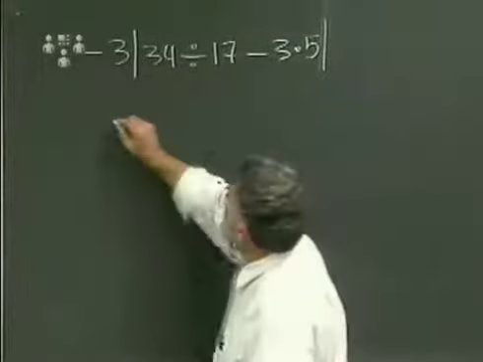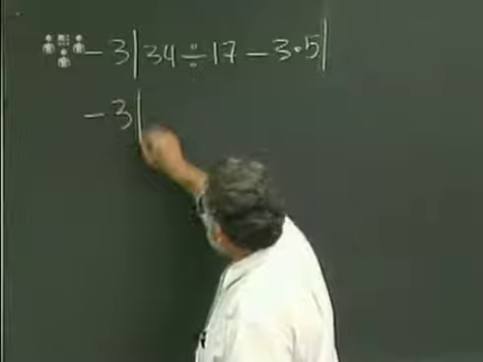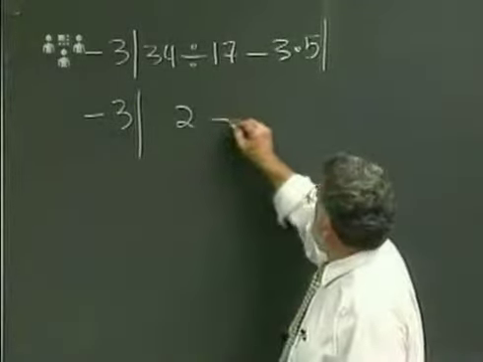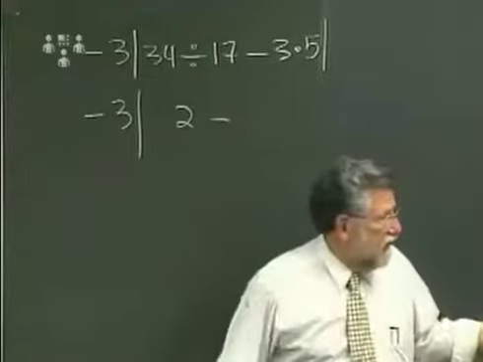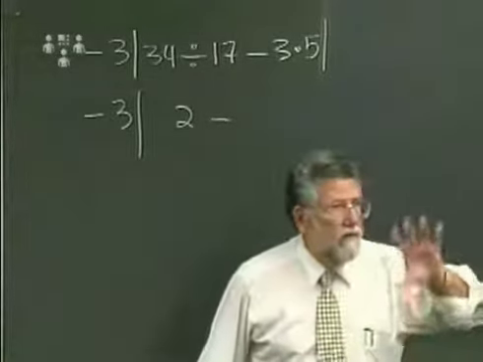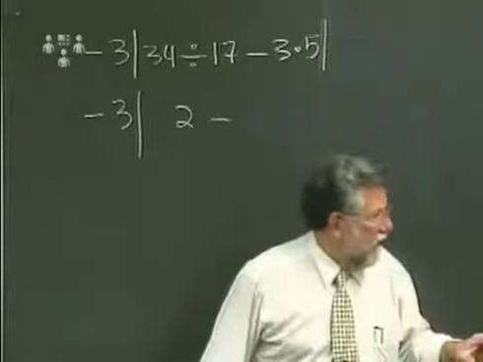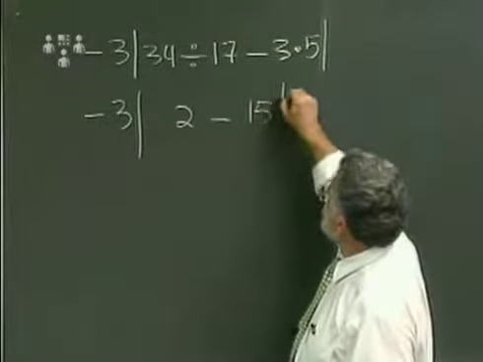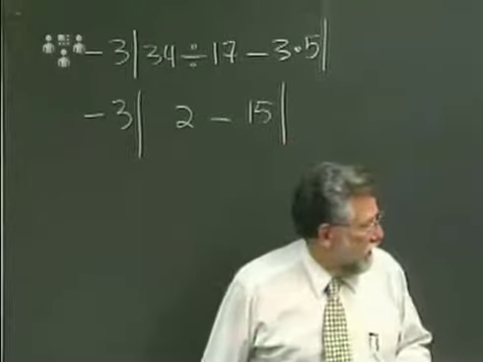So what's the first thing I see? The 34 and the 17? Yes, the division here, so I'll replace that by a 2. Then a minus sign, and it says multiplication. That's the next thing I saw. For the moment, forget about the negatives and the positives. So that's going to be a 15. That would be my first step.